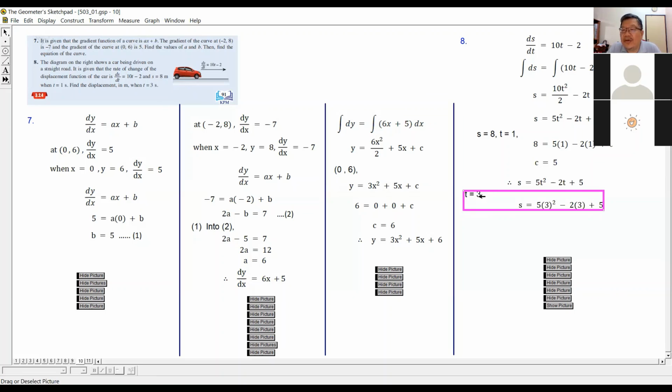So when t equals to 3, you put inside the S like this, and you can find out the S is actually 44. Finish. We found the value. The equation for S you found, and the value of S also you have found. Any question?